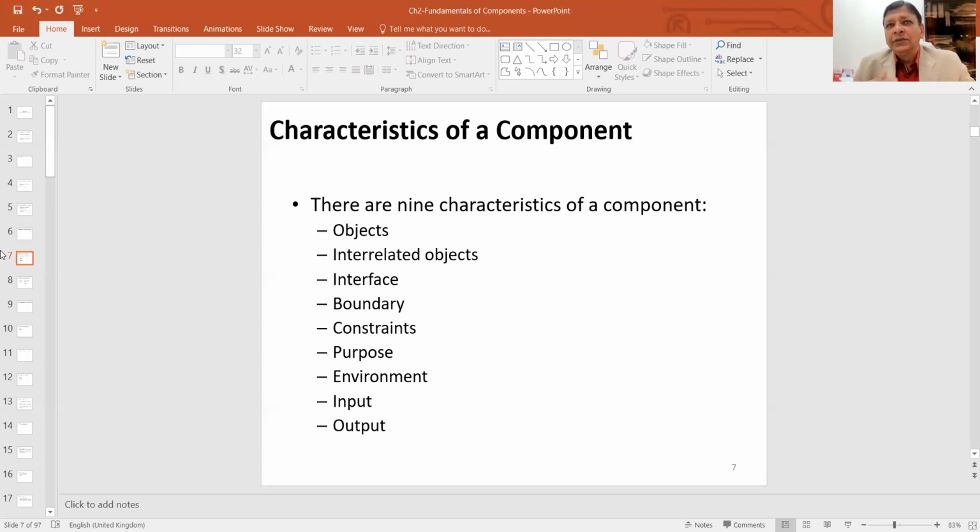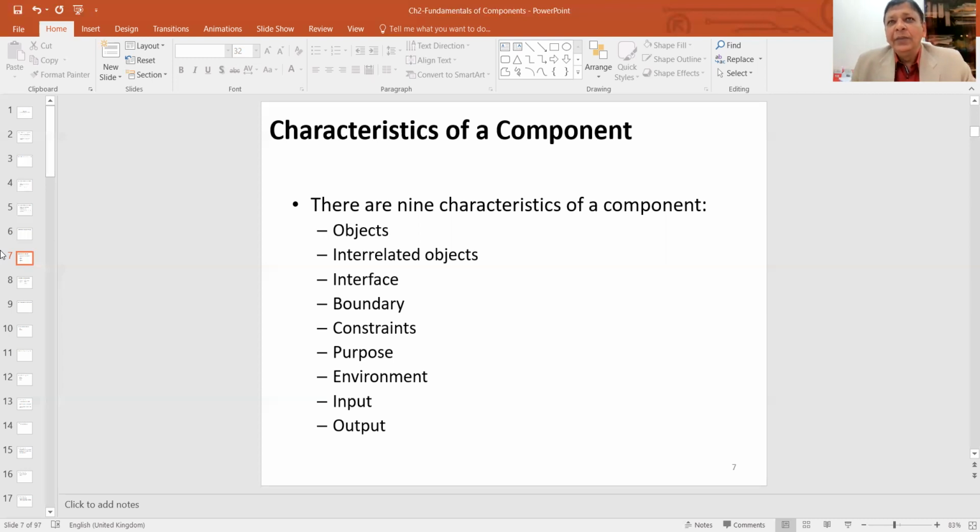There are several components, but there is a boundary that segregates the inside and outside of a component, where one component finishes and another starts. The same applies to systems, where one system ends and another starts. Like we have a transaction system, inventory system, payroll system. There is a boundary where the point of sale system ends and the inventory system starts.